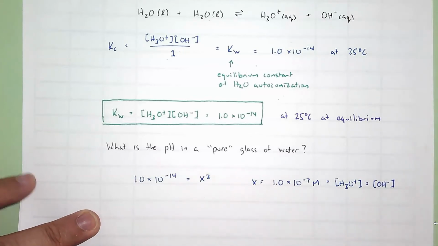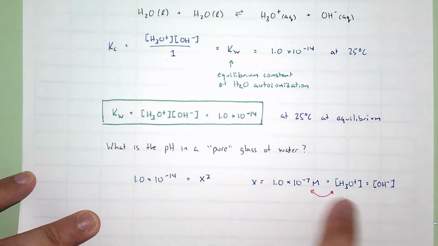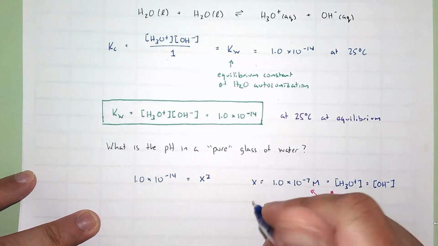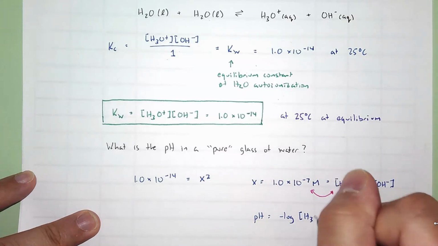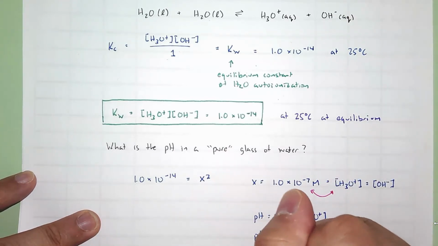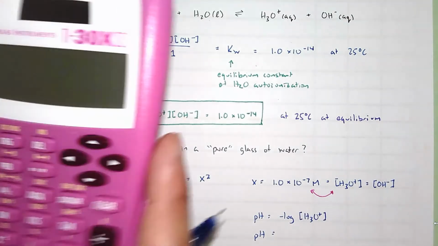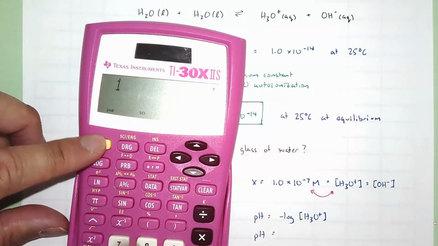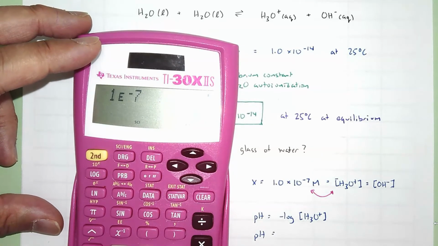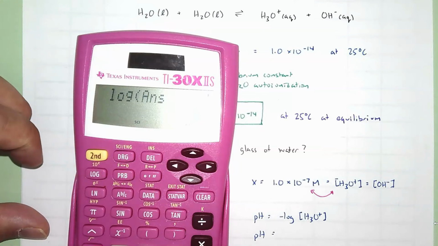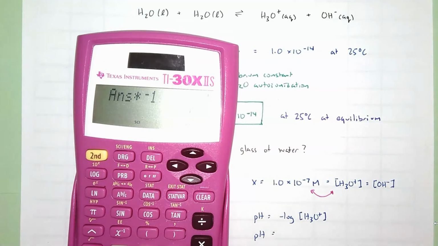Well, now that we know these two, that concentration is the hydronium, we know the equation pH equals negative log of the concentration of H3O+, and therefore pH equals negative log of that number. Now, if you go ahead and do those calculations, 1 times 10 to the minus 7, and then we take the log of that, and we take the minus of that, so we multiply by negative 1, it's 7.